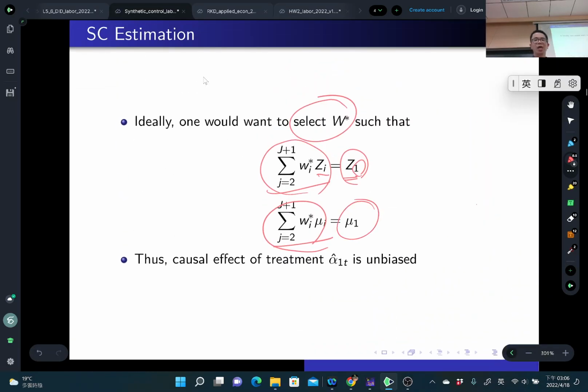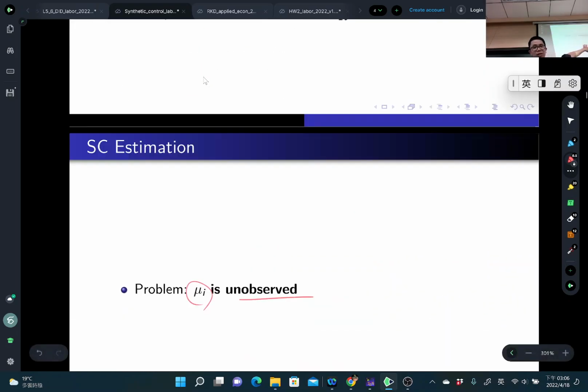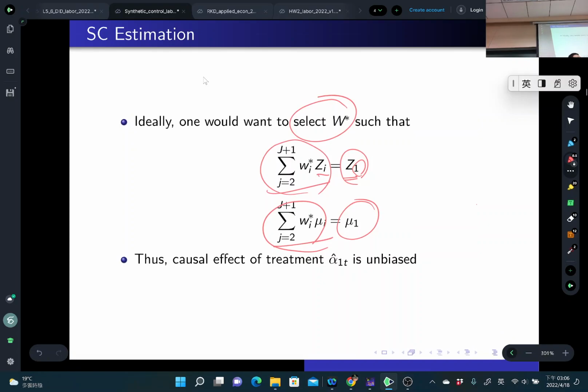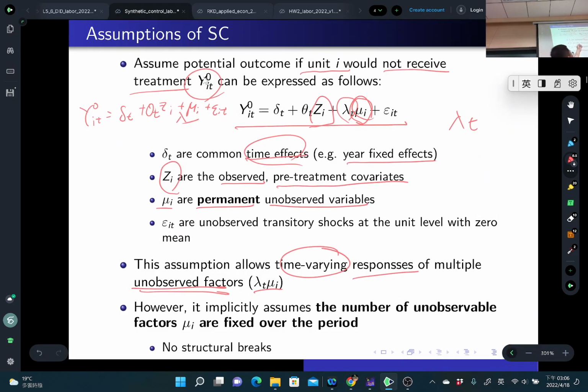Because if you can match the outcome, it's kind of matching the Y0 over time before treatment happened. If you can do that, that means you already match the unobserved thing. Otherwise, you cannot match this. Before the treatment, in the pre-treatment period, Y0 is realized.